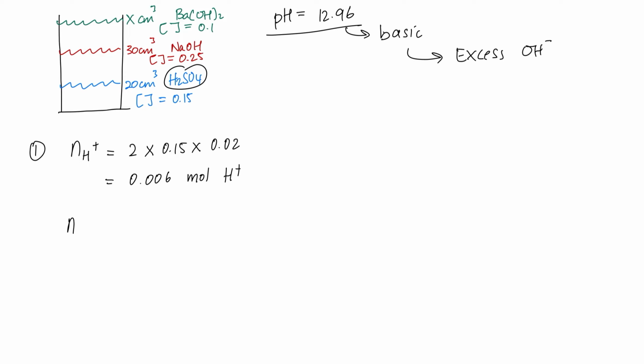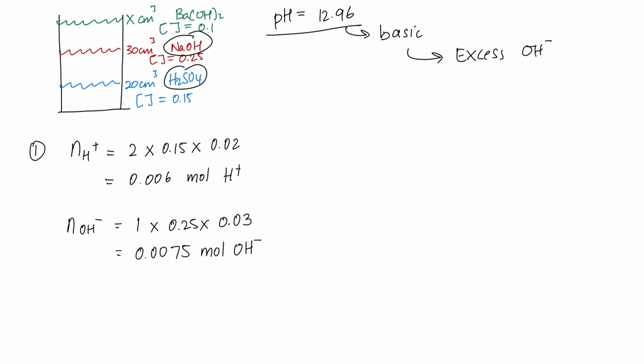Next, we calculate the number of moles of OH- that came from the NaOH. Because NaOH is monoprotic, it's 1 times the concentration, 0.25, multiplied by the volume, 0.03, which gives 0.0075 moles of OH-. For neutralization, the moles of OH- and H+ would be equal, but there's some extra OH-.